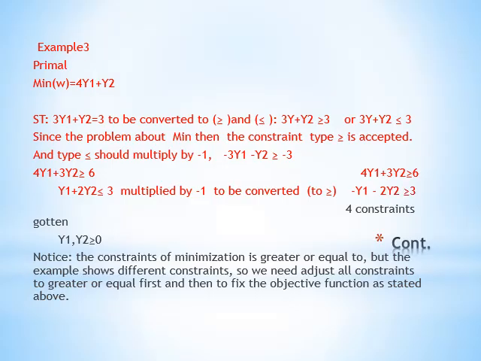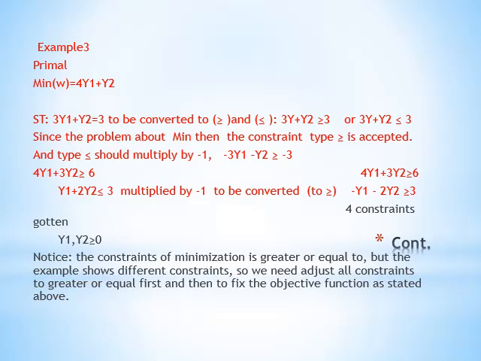Notice that the constraints of maximization is greater or equal, but the example shows the different constraints, so we need to adjust all constraints to greater or equal first, and then to fix the objective function as stated above.